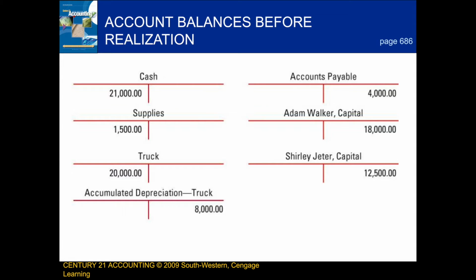The accumulated depreciation truck account has a beginning credit balance of $8,000. The accounts payable account has a beginning credit balance of $4,000. The Adam Walker Capital account has a beginning credit balance of $18,000. And the Shirley Jeter Capital account has a beginning credit balance of $12,500.